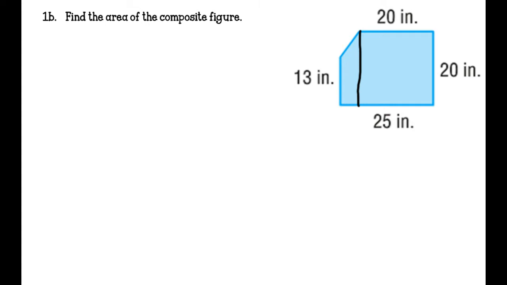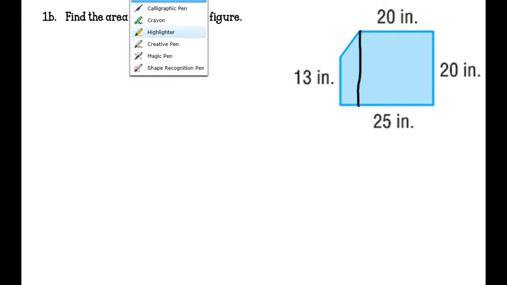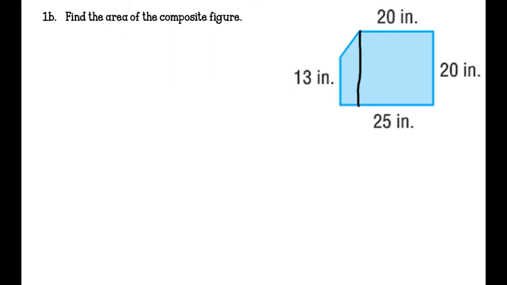This line is 25 and this line is 20. If I want to know what this line is right here, I take 25 minus 20. So that makes me know that this right here is 5 inches.